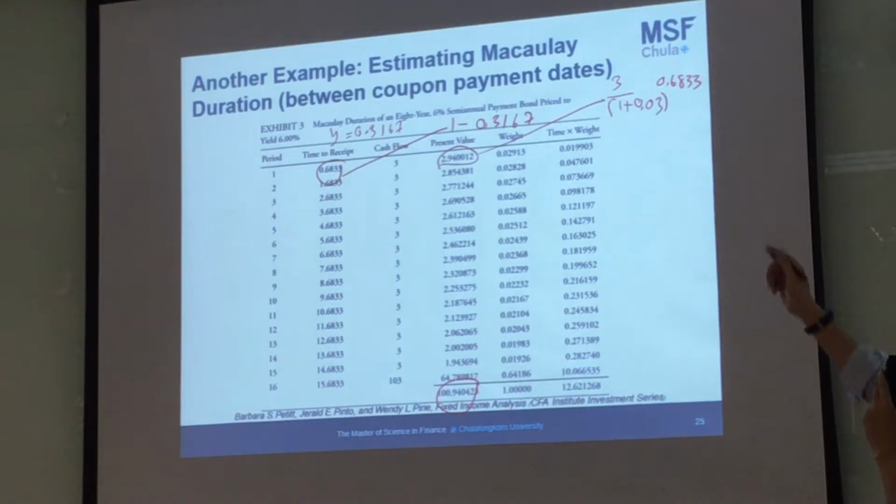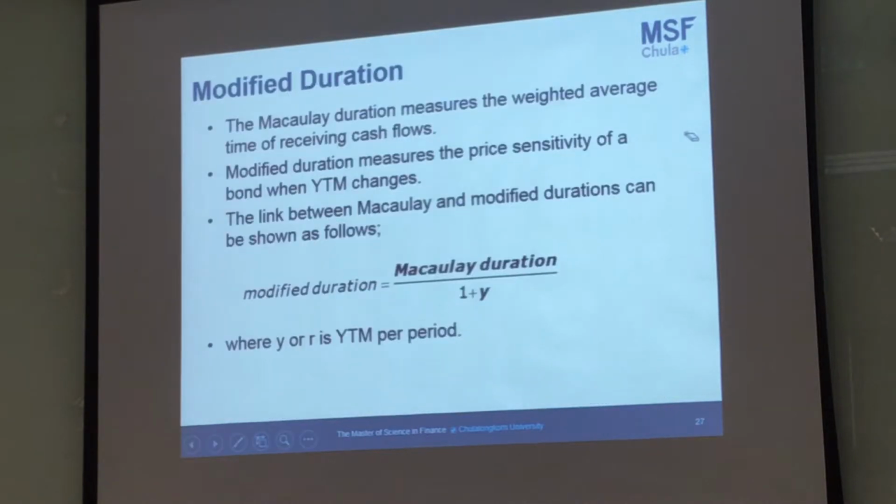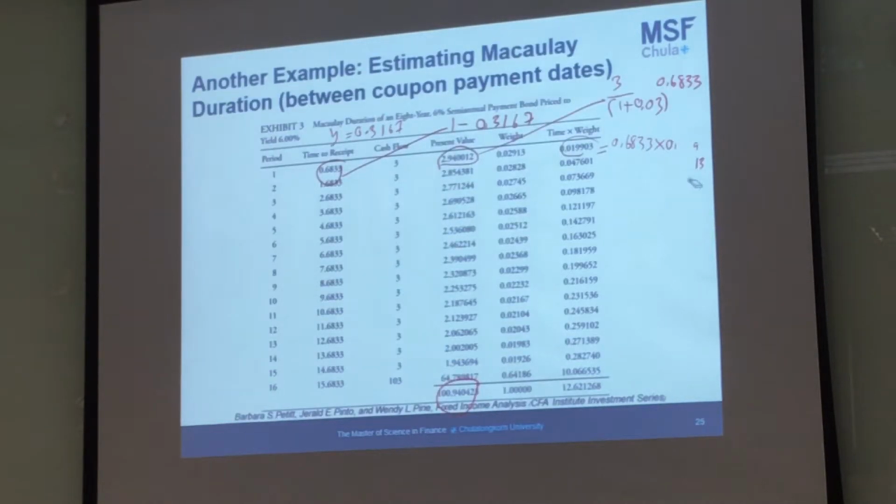Okay, the last one is 0.6833 multiplied by 0.02913.